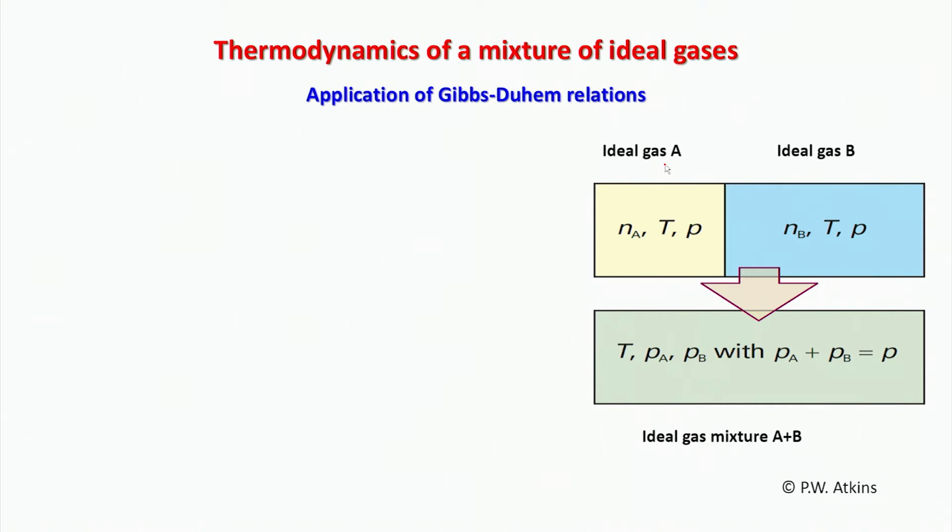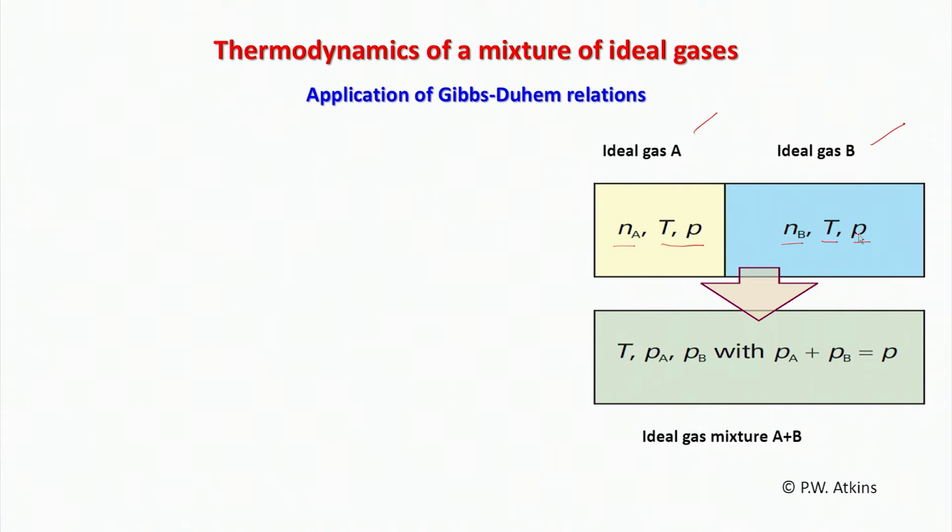Now, what I have here is a situation where I had the ideal gas A and the ideal gas B. In the initial equilibrium state, I had Na moles of the ideal gas A maintained at a temperature T and P, separate from the ideal gas B, which was also maintained at a given temperature T and P, but it has Nb moles of it.